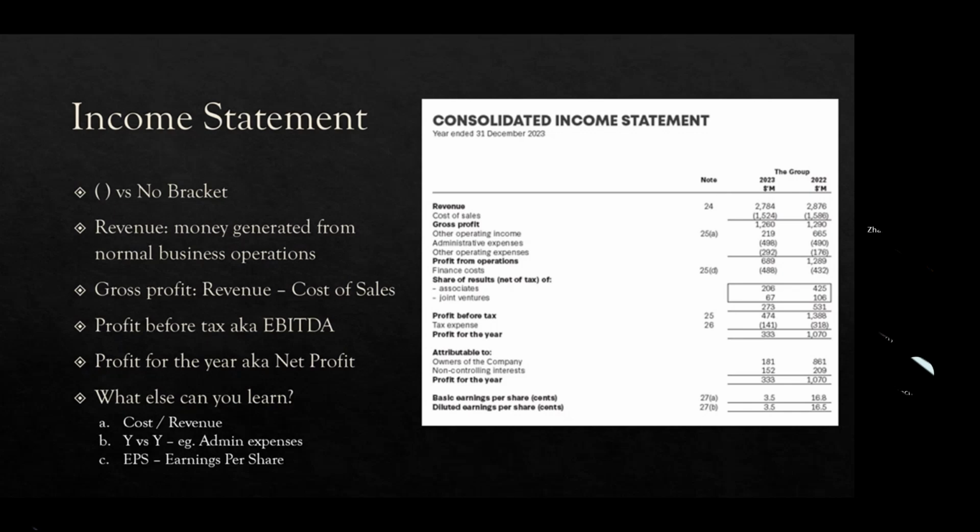So earnings per share means the total profit divided by the total number of shares that are reserved inside the company. Okay, I repeat, earnings per share means the total profit for the year divided by the total shares in the company. Okay, EPS is very important.